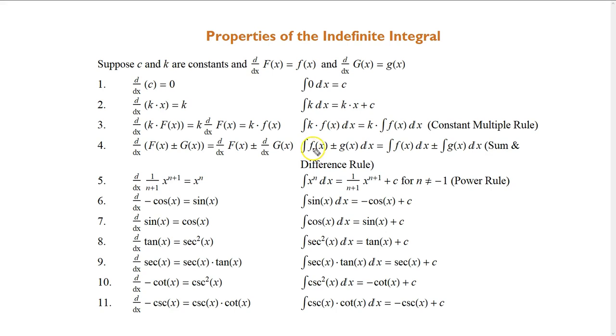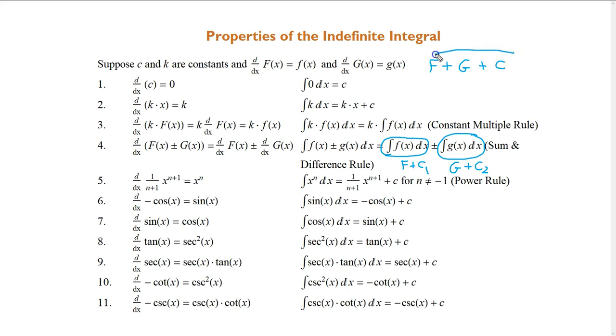The indefinite integral of f plus or minus g is the indefinite integral of f plus or minus the indefinite integral of g. And what you can think of here is think of this as being your capital F plus some arbitrary constant, we'll call it c1, and think of this as being your function capital G plus another arbitrary constant, we'll call it c2, and when you add them, you get capital F plus capital G plus another arbitrary constant c.